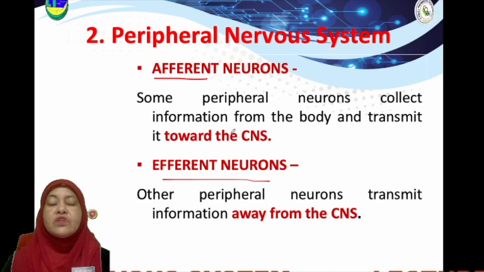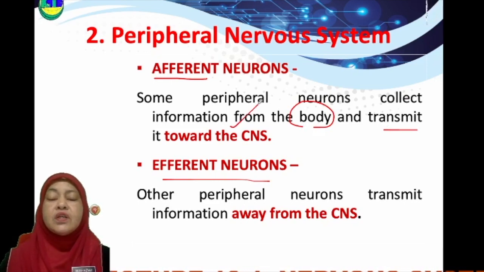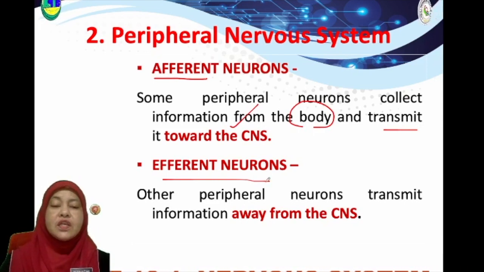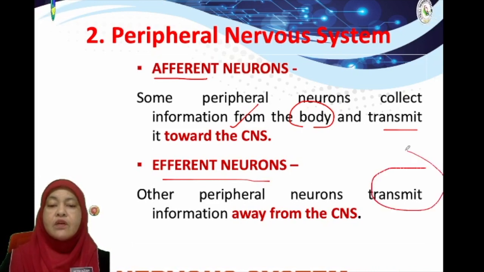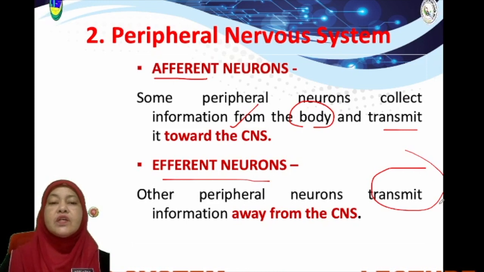The afferent neuron refers to peripheral nerve cells which collect information from the body and transmit the impulse towards the CNS, which is the brain and spinal cord. Efferent neurons, which are other peripheral neurons, transmit information away from the CNS.